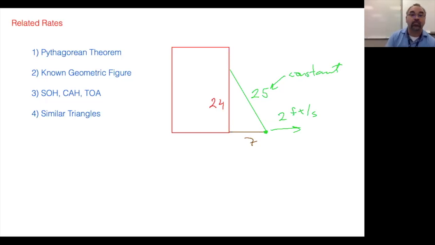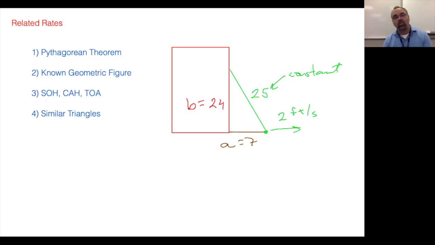So just a reminder, you want to label these with some names, because they are changing. If you put in a number for them, then you've sort of frozen them in time, and we don't want to do that. So we always put in variables until after we find our derivative, stuff you already know.